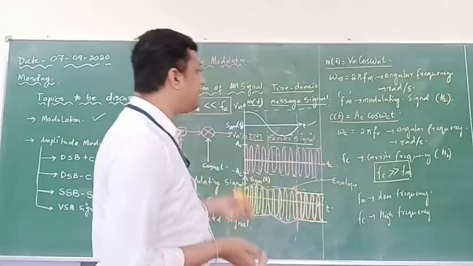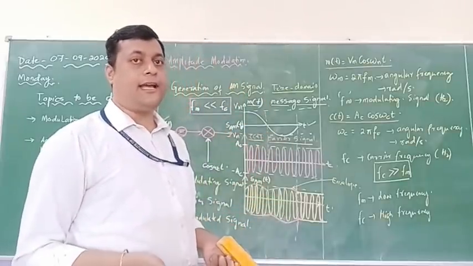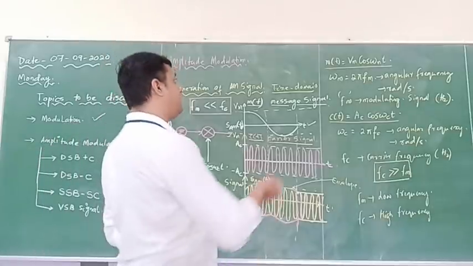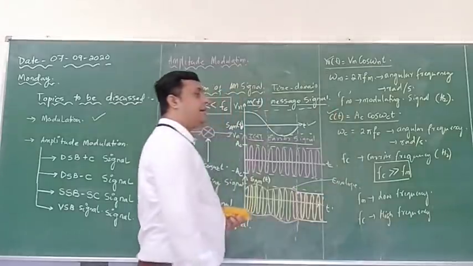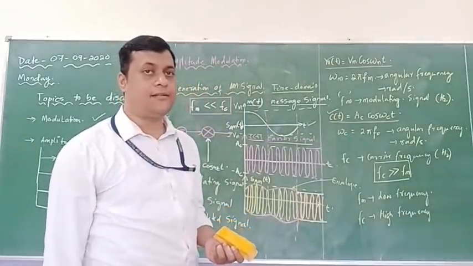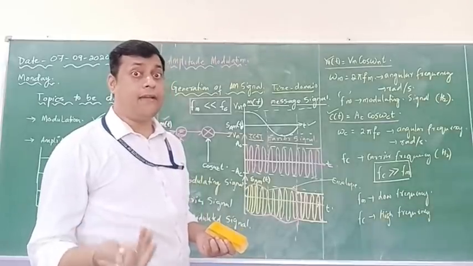Now these are the equations through which we will proceed to generate an AM signal. First is our modulating signal, second is our carrier signal, and third, most important, is our modulated signal. How are we going to generate AM signals?